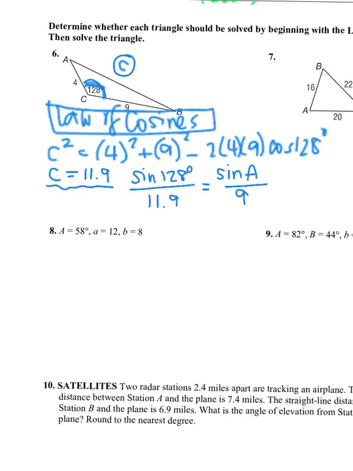You cross multiply and then divide by 11.9 to solve for sine of A, and then do inverse sine to get angle A is equal to 37 degrees.